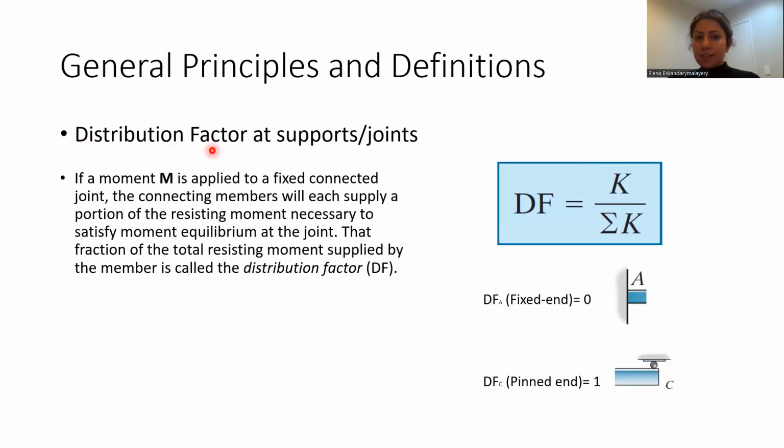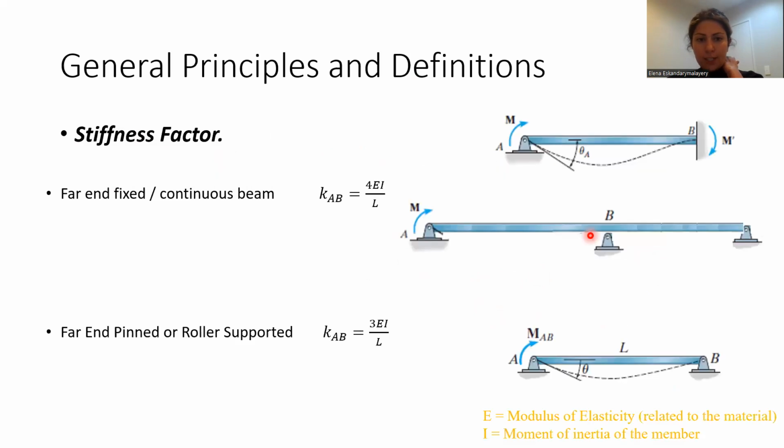Then we have the distribution factor at each support or at each joint. For calculating the distribution factor, we have DF equals K over the sum of the K, which means at each joint, the distribution factor of that member at that joint equals what you calculated here.